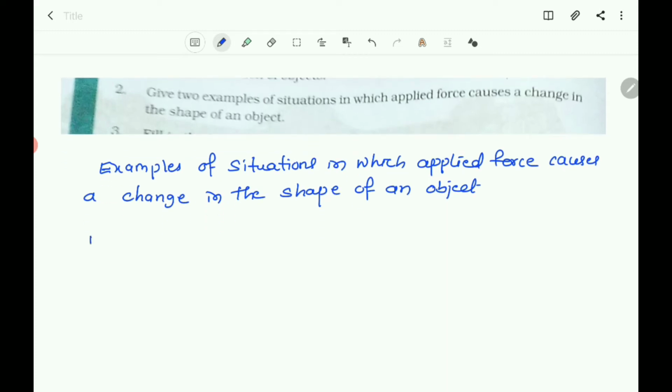Here there are two examples. Example 1, you take, when we apply force on a rubber band to stretch it, it elongates. That is one of the shape changes.